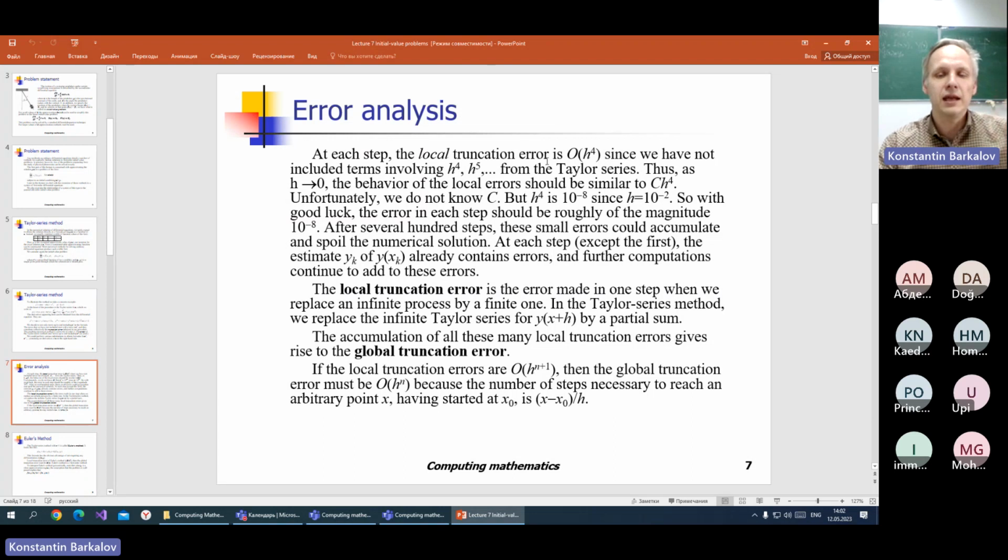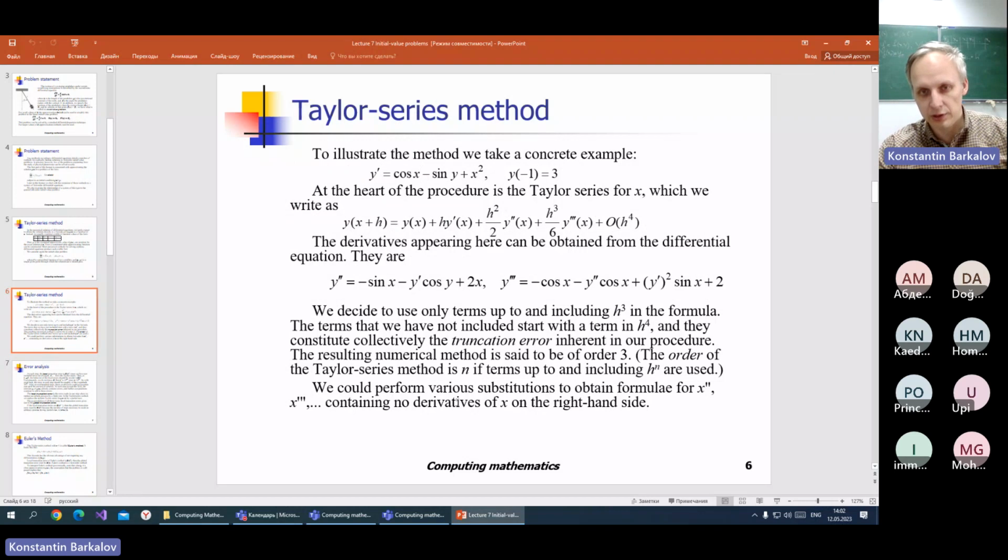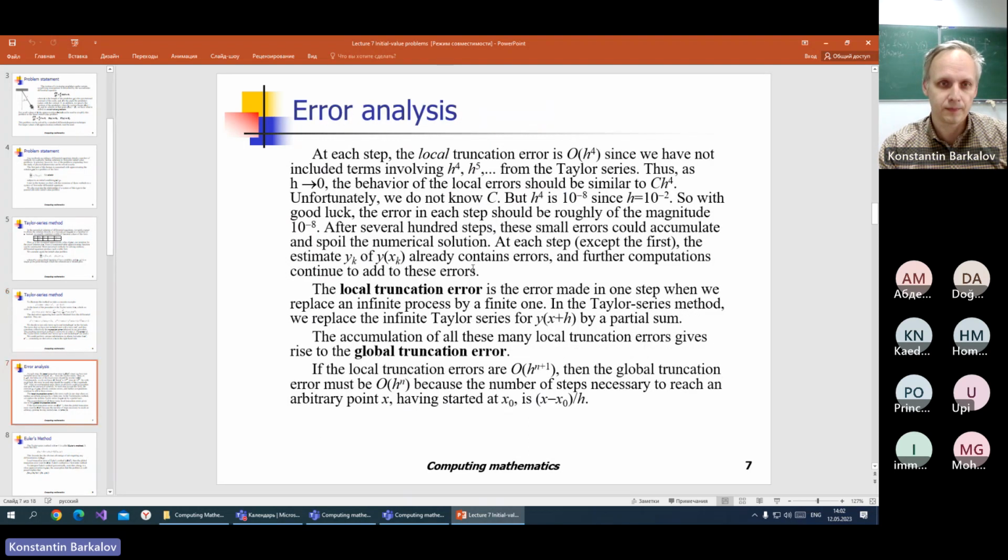This is a very general approach, but it's hard to implement because in the general case, we don't know the high order derivatives of y. We know only the first order derivative, y prime, from the differential equation.